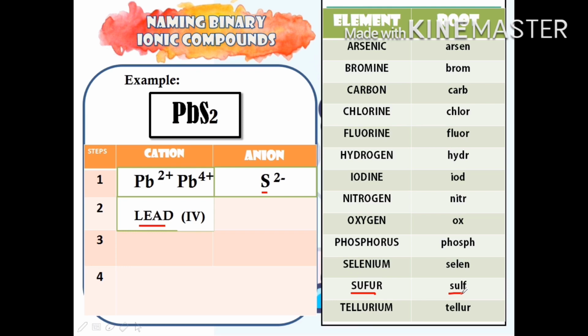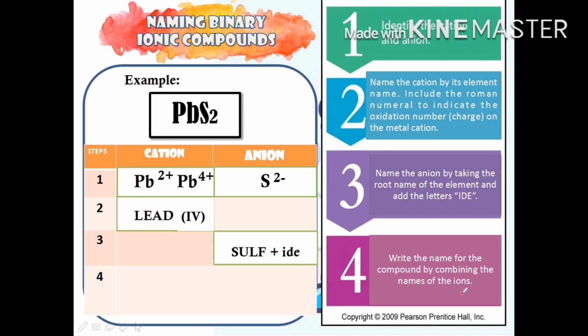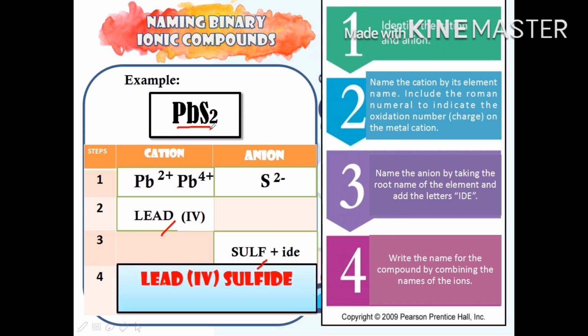And we have to add the letters IDE, making it SULF plus IDE. And finally, we have to write the name of the compound by combining the names of the ions. For our cation, that's lead 4, and for our anion, that's sulfide. So, the name of this compound, PbS2, is, right, it's lead 4 sulfide.